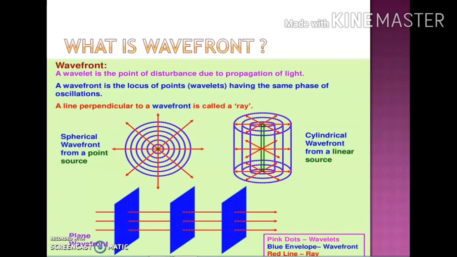A plane wave front could be produced with the help of a point source or a linear source, but for that the source should be at a very large distance. So they will produce the wave front known as the plane wave front. You can see in the figure we have originated the plane wave front, right?